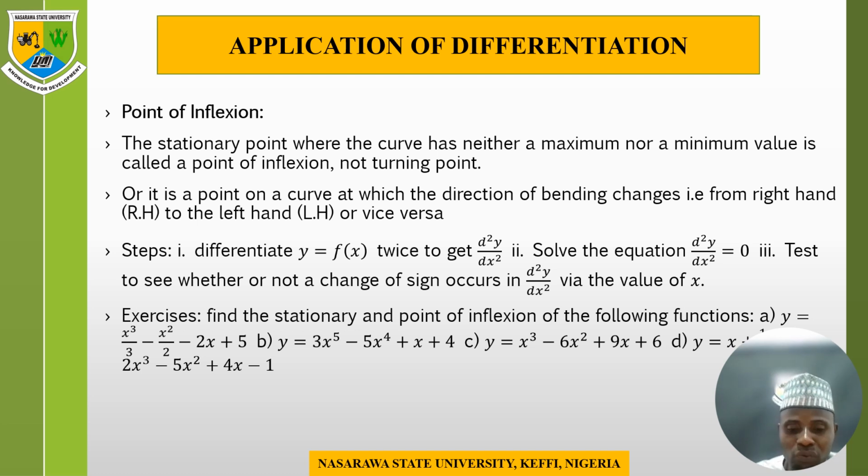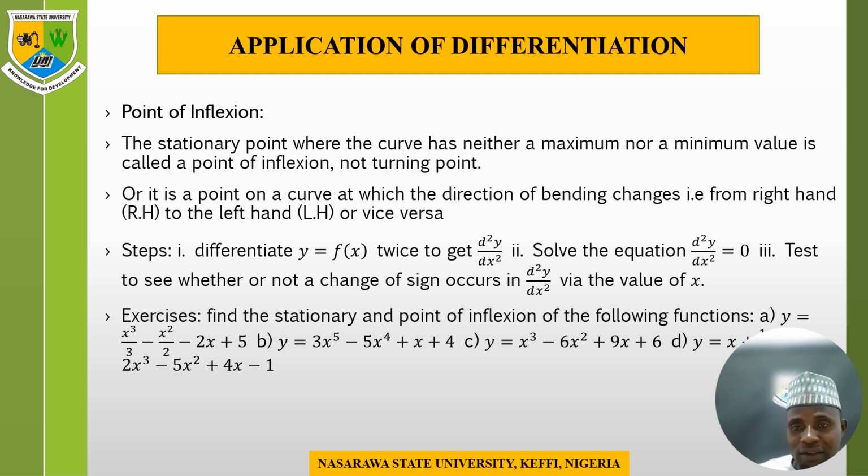So that could be done when you are to find the point of inflection. There are 3 steps involved. The first step says you have to differentiate the given function y twice. That is, when you take the first derivative, then you differentiate that for the second derivative.